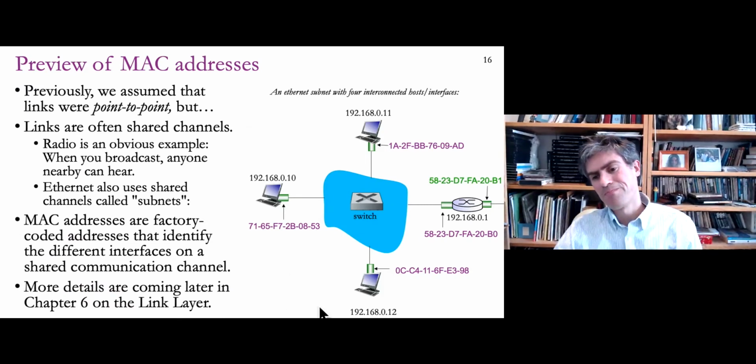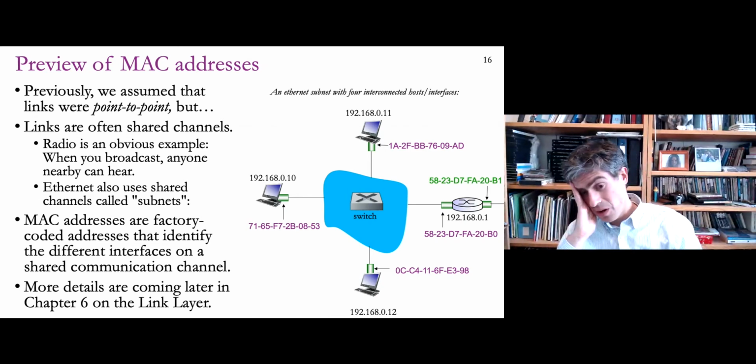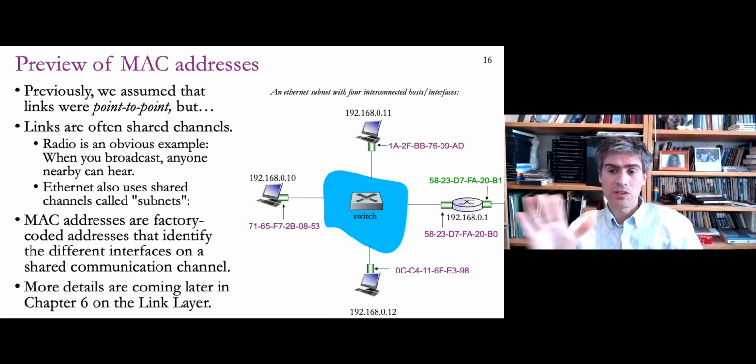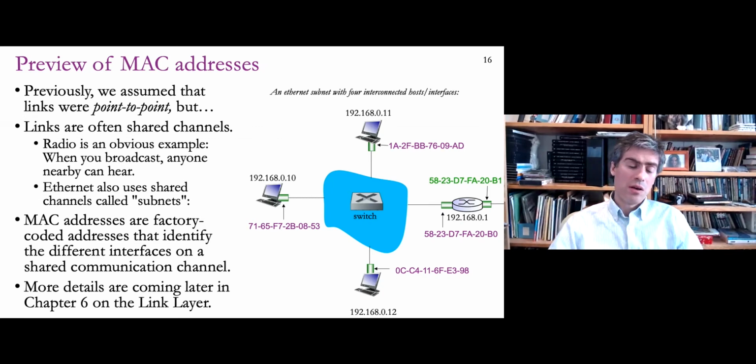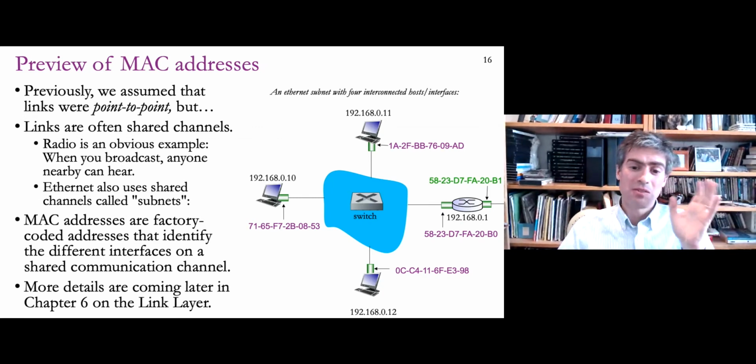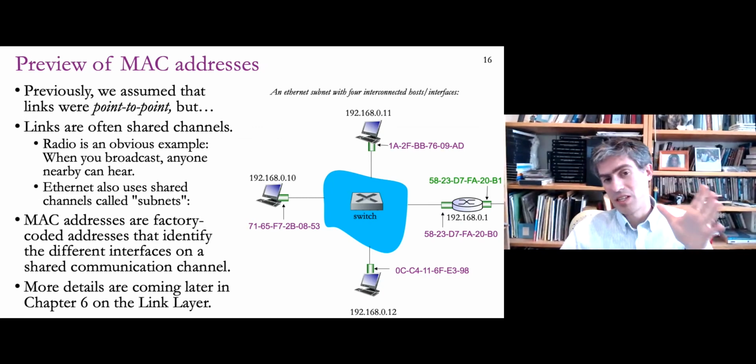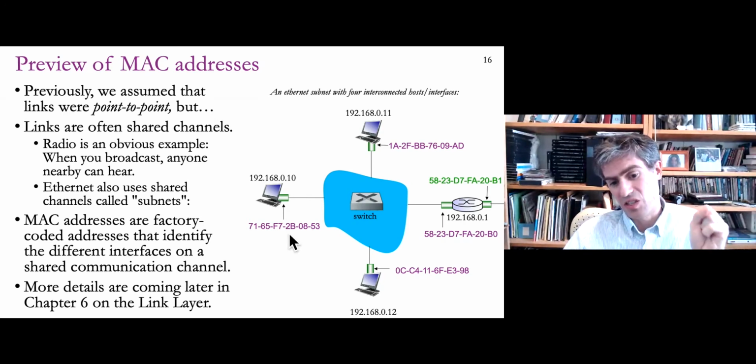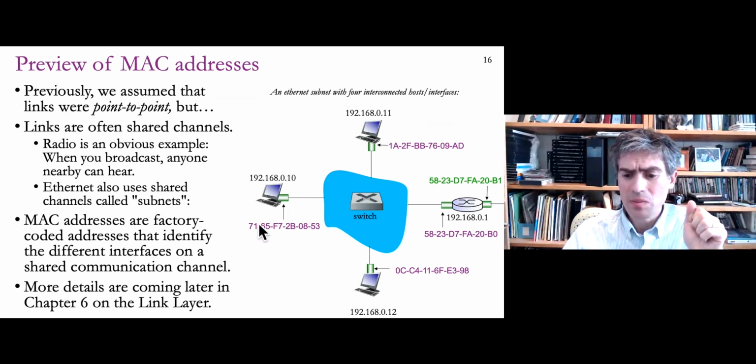Part of that preview I want to give you is MAC addresses. We just introduced IP addresses. I haven't really shown how they're used, but I want to quickly tell you about a different kind of address that's used for devices on the internet, which are MAC addresses. MAC addresses are used just for local communication when you have devices on a shared channel.